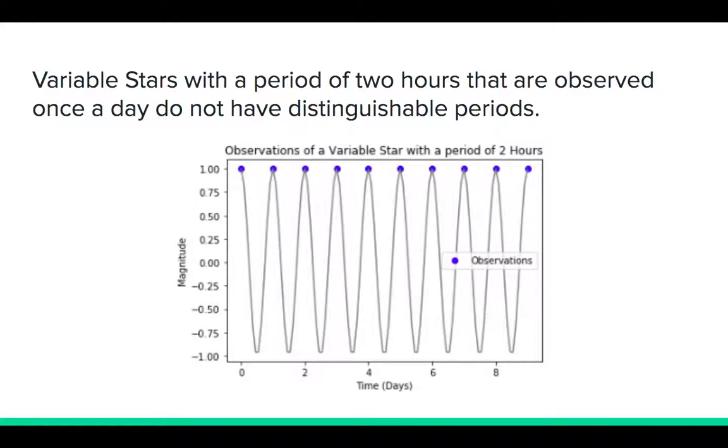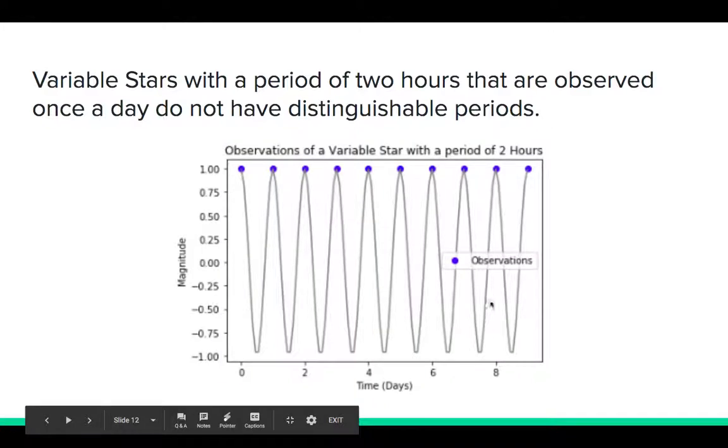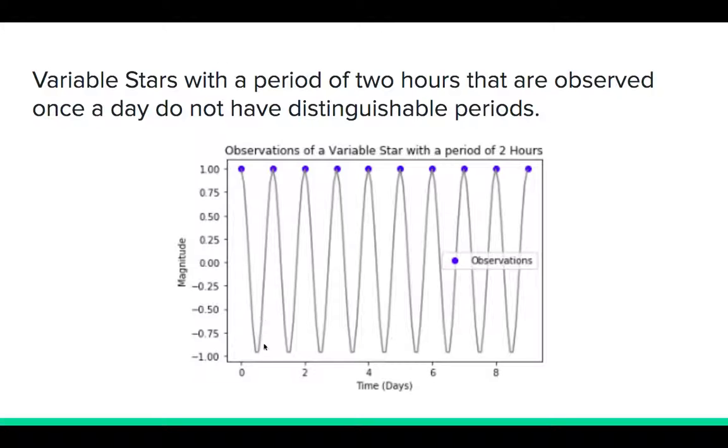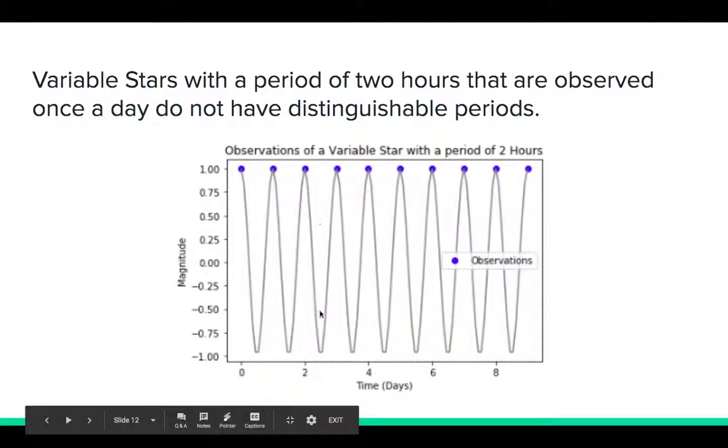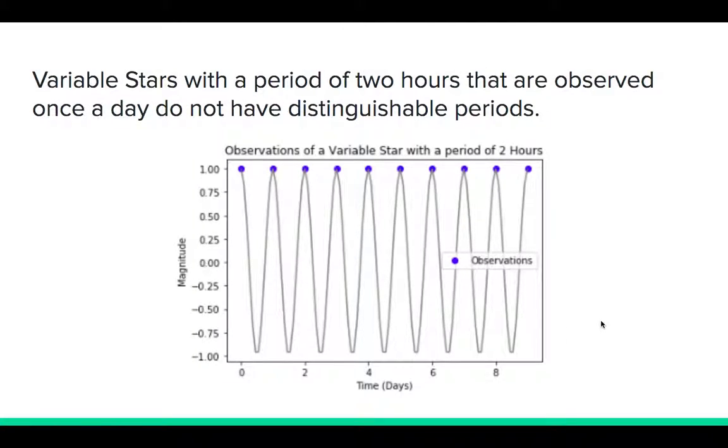So thinking about opening up this idea to other stars, if you were to imagine a variable star whose period was super short, say 2 hours, and you could only observe its brightness once a night at the same time every night, this is what a plot of the observations would look like, where the blue dots are your actual observations and the gray lines are the variations in magnitude over time.